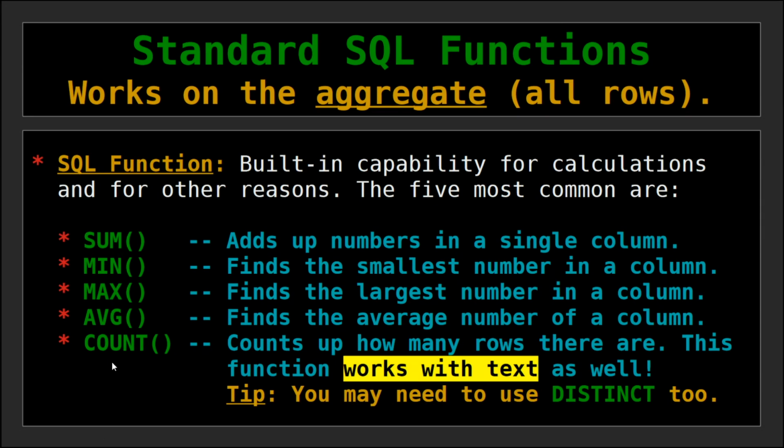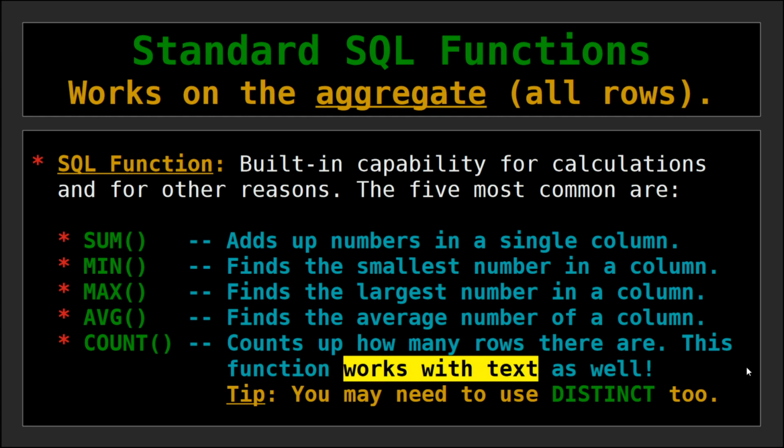Then the one that does deviate from these 4 is the count function. It's still kind of doing calculations, just literally tallying up 1, 2, 3, 4. It's counting however many rows there are for a certain situation.